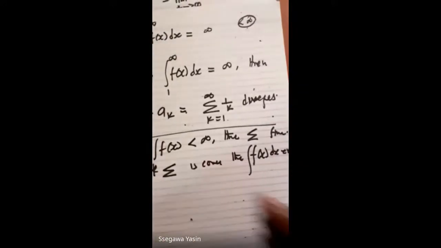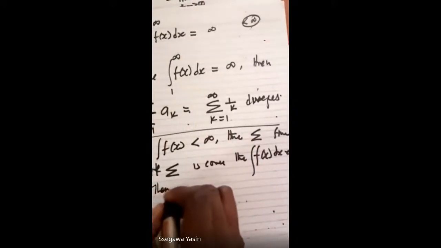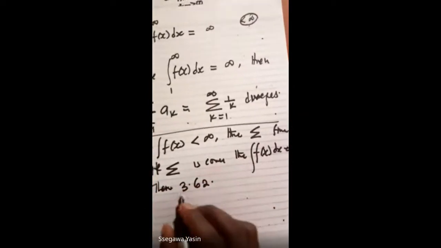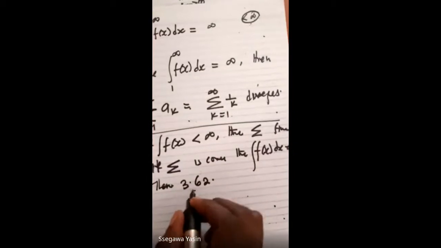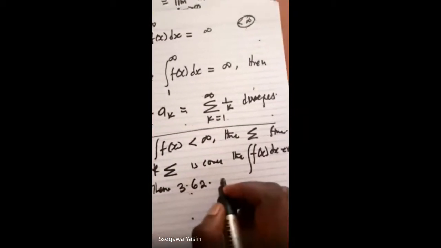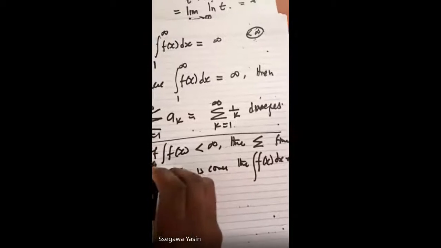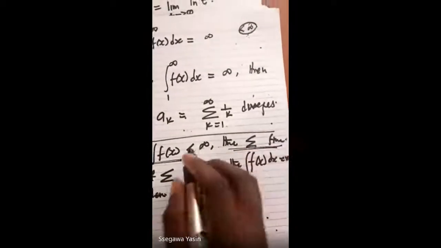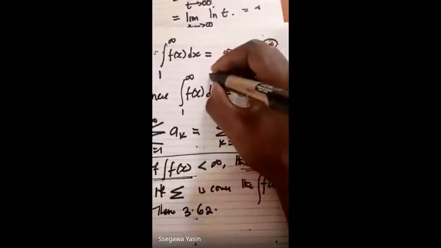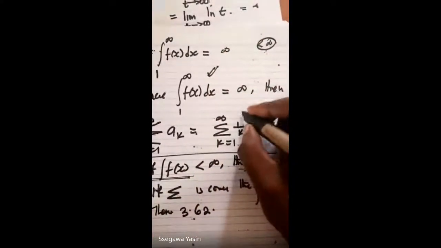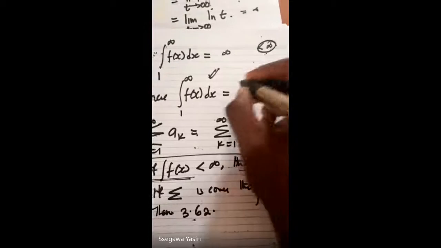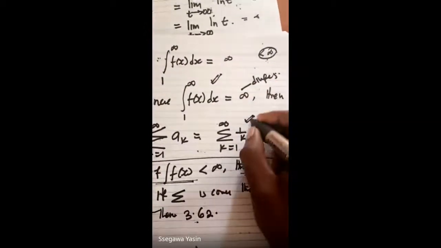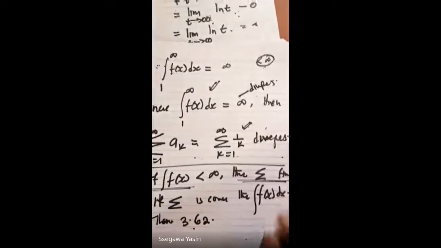But now remember, this is theorem 3.62. If this integral exists, then you say the series is finite. But now you have already shown that this one does not exist, that is, it diverges. Then also this series should diverge. That's the interpretation there.